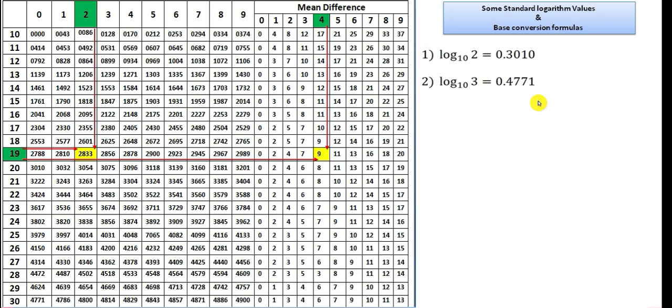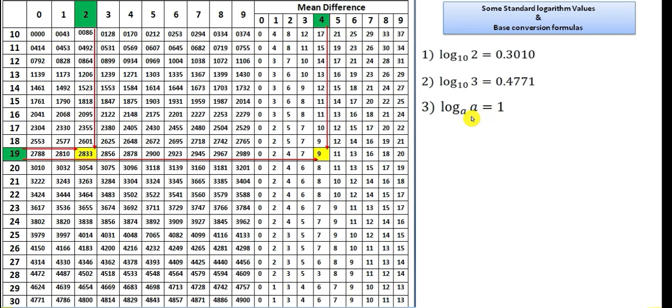Okay, now the next formula is log base a of a equal to 1, meaning logarithm of a base a equals 1. How? You remember the definition I told in the last class.